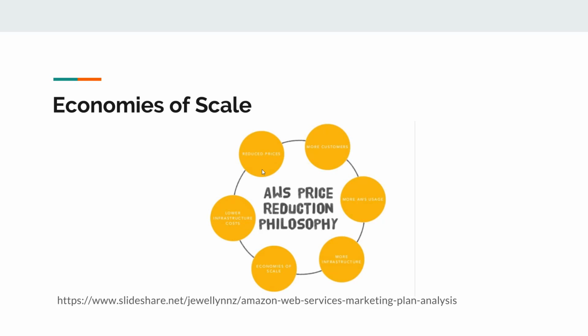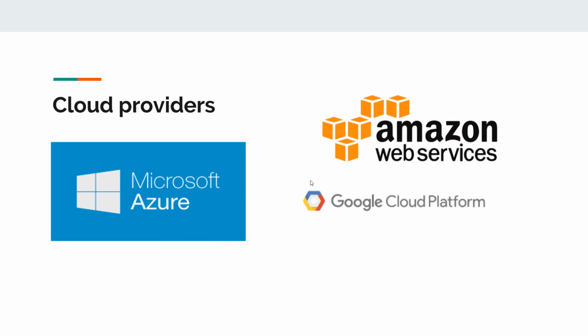The ability to spawn up 300 servers to compute something for 5 hours and then shut them down and discard them is immensely valuable. And it's not something we could do easily 10, 15 years ago.